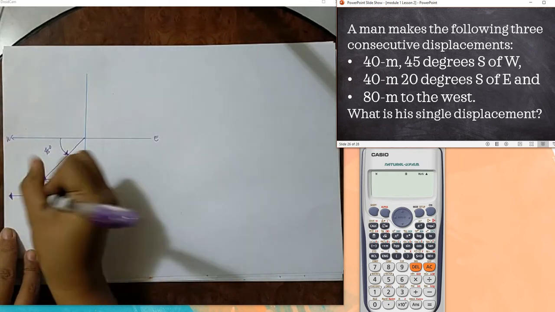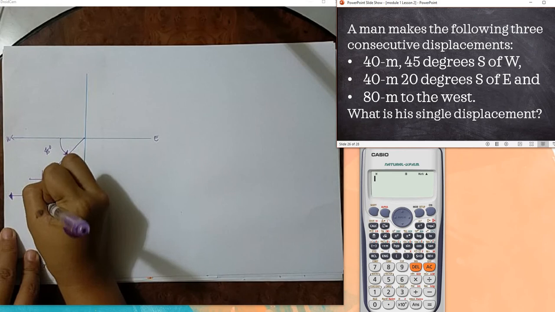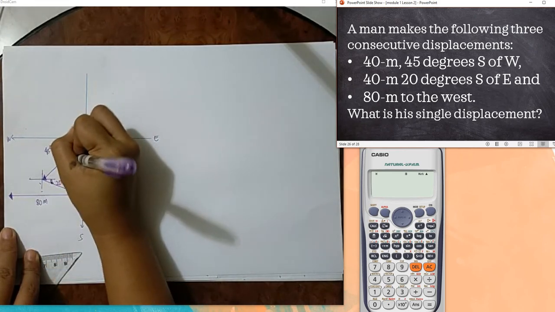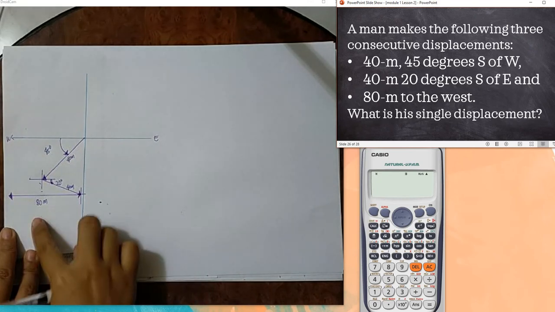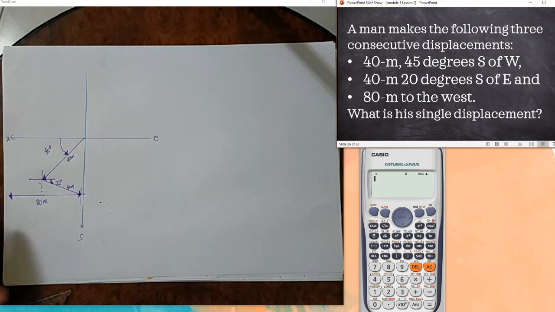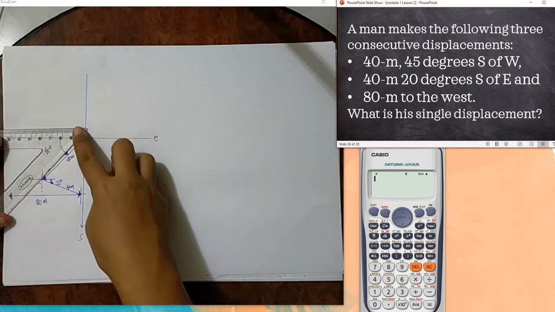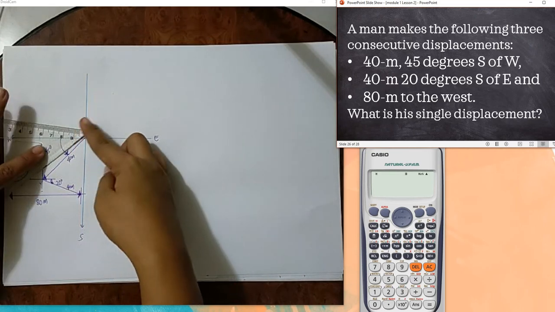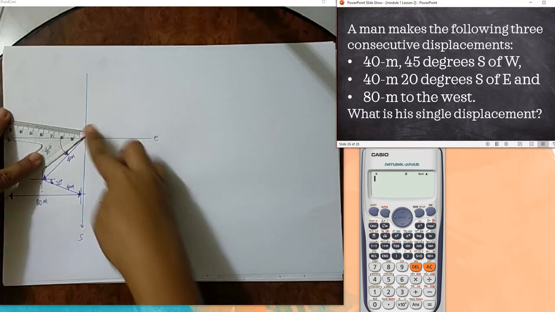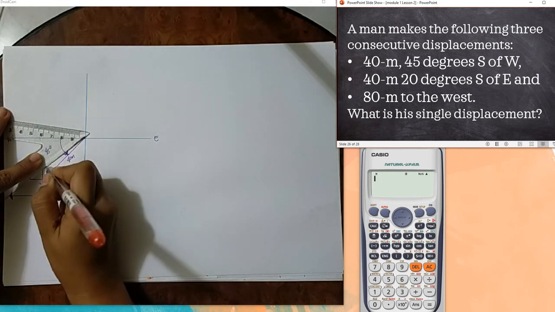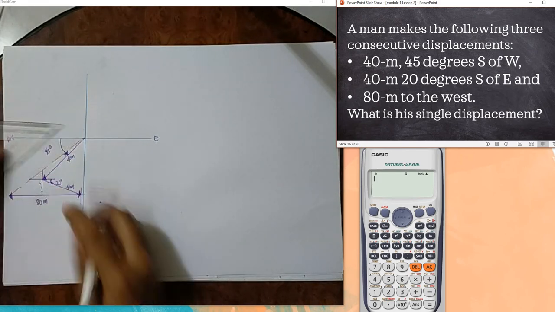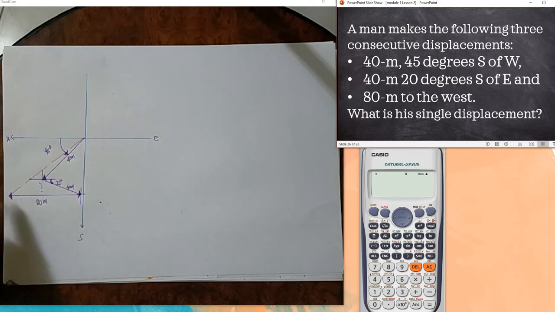West, this is 40 meters, another 40 meters. Okay. So where will our resultant be located? It will be right here. There it is. Okay, so this is how our vectors will look.